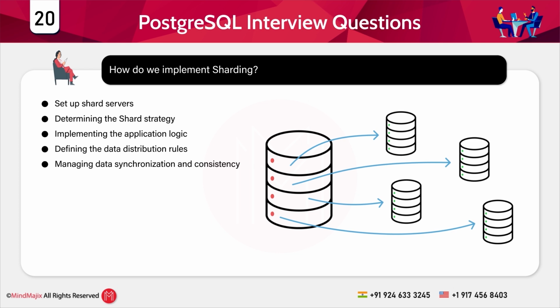Here you modify the application code and use a middleware to route the data and queries to the proper shard as per the data distribution rules. Once you have implemented the application logic, the fourth step is to define the data distribution rules. Here you determine how to distribute the data throughout the shards as per the selected sharding strategy.